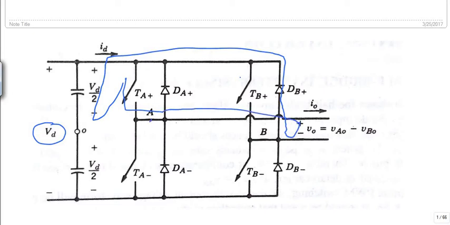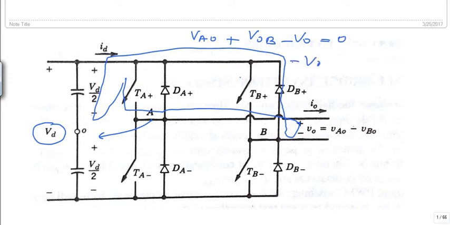If we move from A to O, we get VA0, and then from O to point B, plus VOB, and after that from B back to the start, minus V0 equals 0 in this loop.